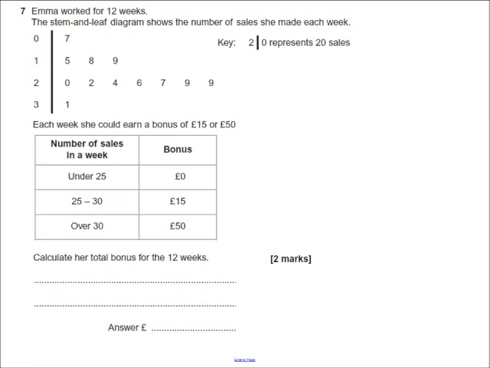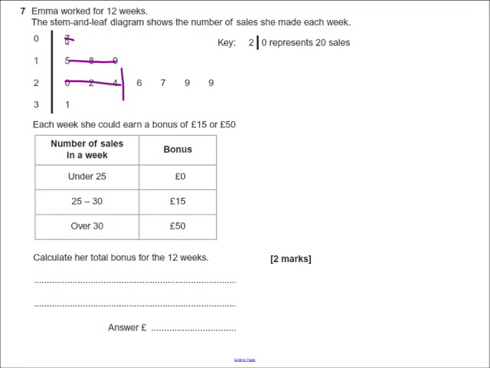And they're asking us to calculate her total bonus for the 12 weeks. So anything under 25 we can discard because there's no bonus. So really this is the difference between 24 and 26. So none of these weeks actually earn her a bonus. So now we have to break the bonus down into the 2 areas.